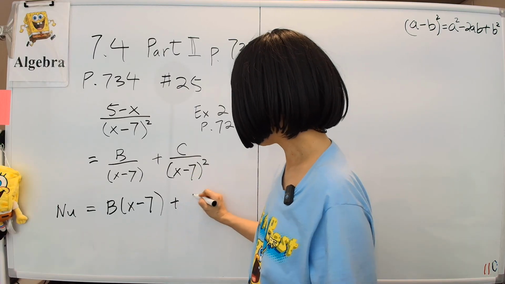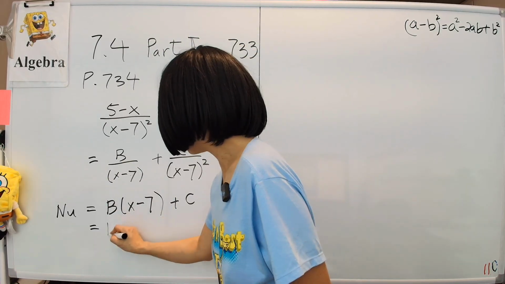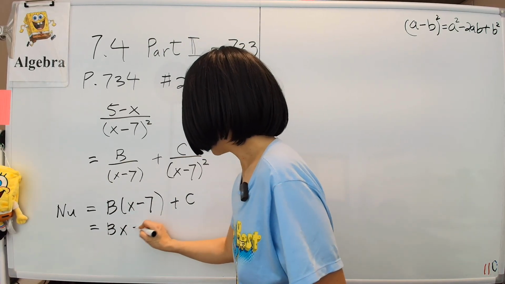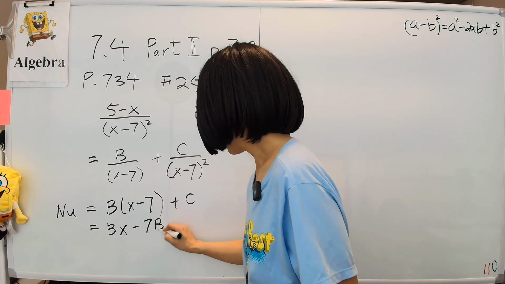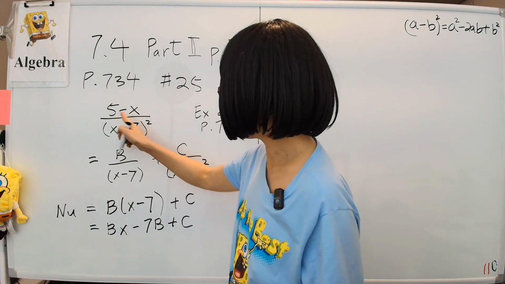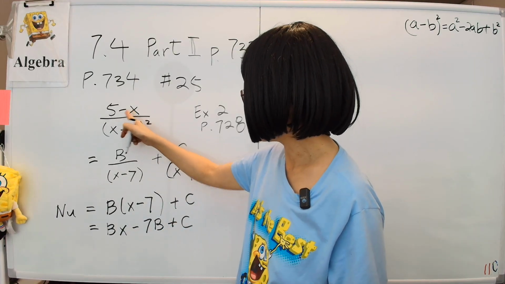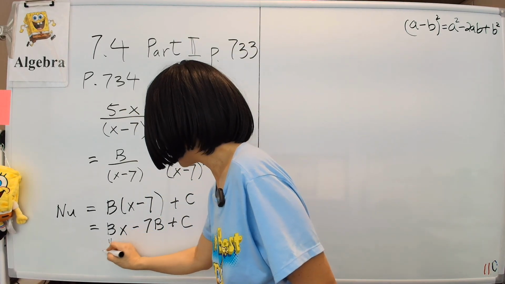So we'll just have plus c. The whole thing adds up to bx minus 7b plus c. And that means b has to be minus 1, because b is the coefficient of x. So b equals minus 1.